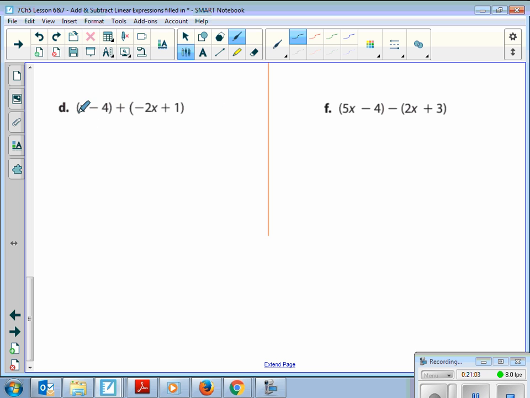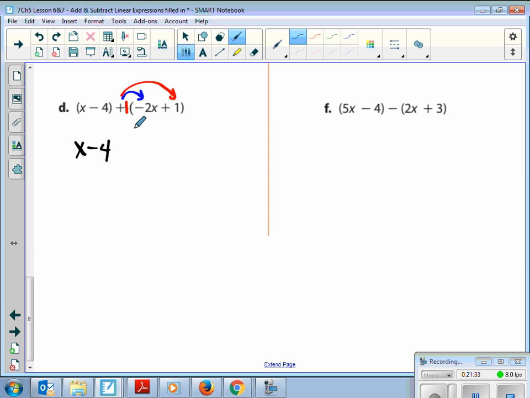So here, there's just a positive 1, so we can take that away. So that's x minus 4. Now here, this is a positive 1 in front of this parentheses, right? So I'm just going to go through the motions of the distributive property so you can see what happens. We've got a positive 1 times a negative 2x, which is what?